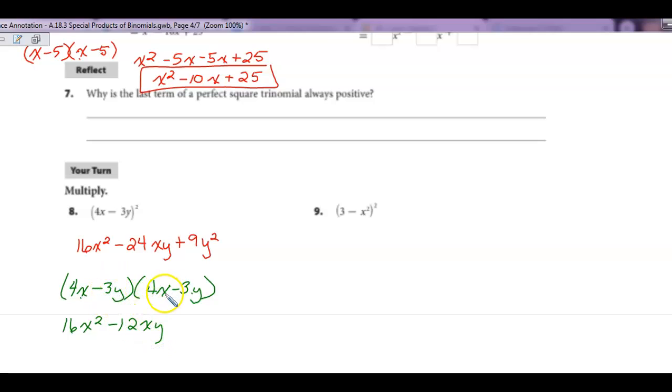Negative 3y times 4x is negative 12xy. And negative 3y times negative 3y is positive 9y squared. This would be 16x squared minus 24xy plus 9y squared. Okay?